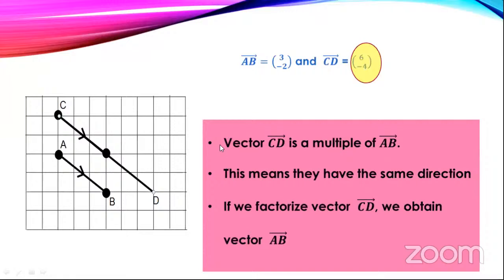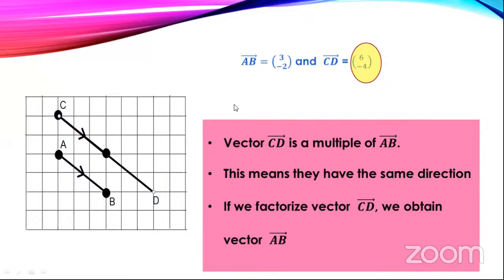You may be wondering how you can answer a question about the relationship. You may want to use words like twice and half, and now we're adding that the vector CD is a multiple of the vector AB. Now, this actually means that they have the same direction.